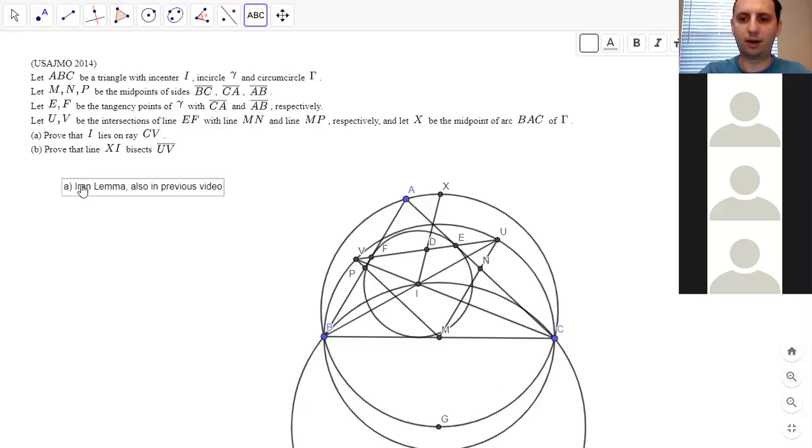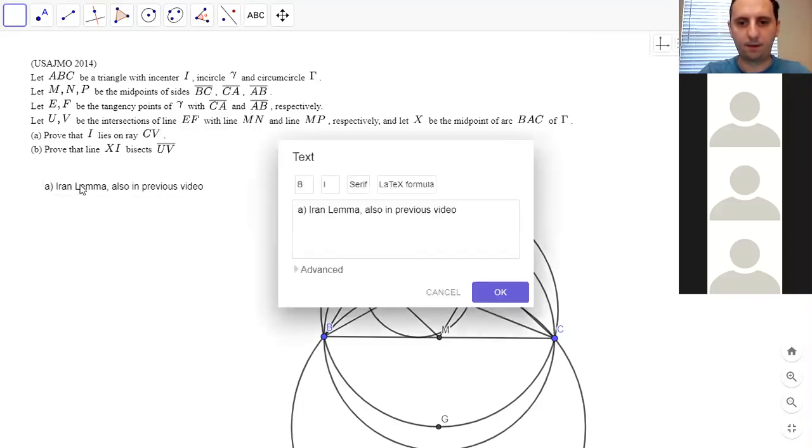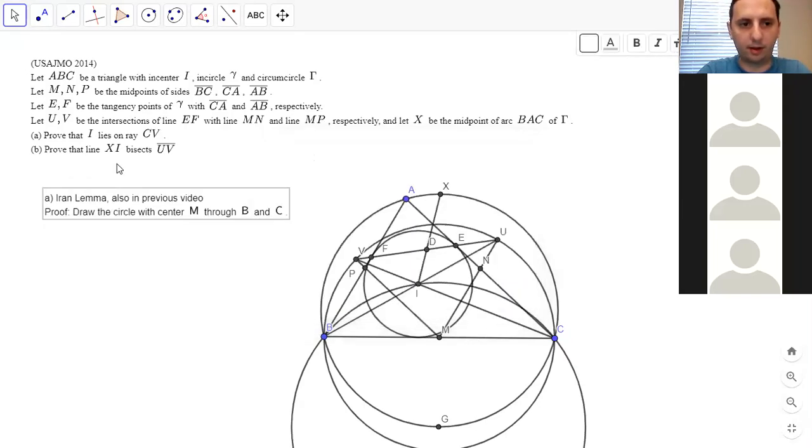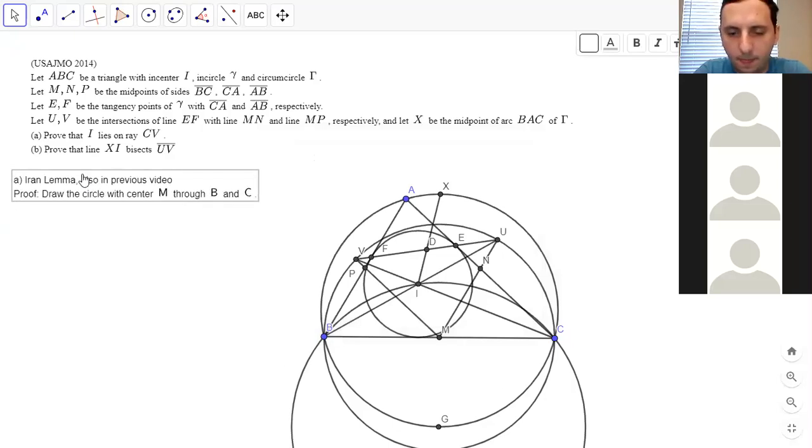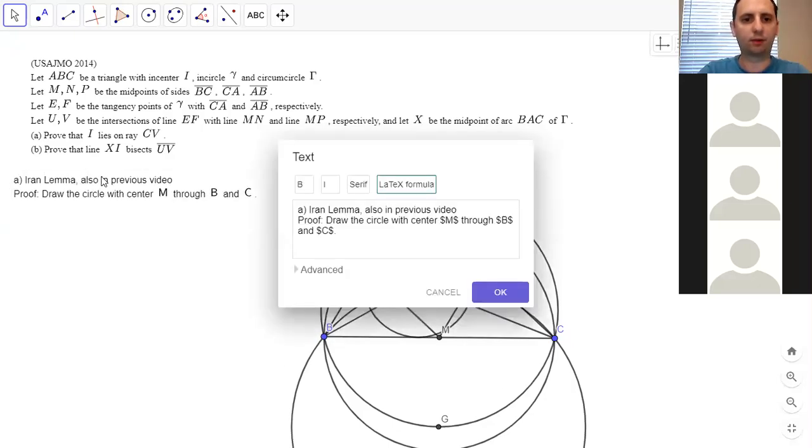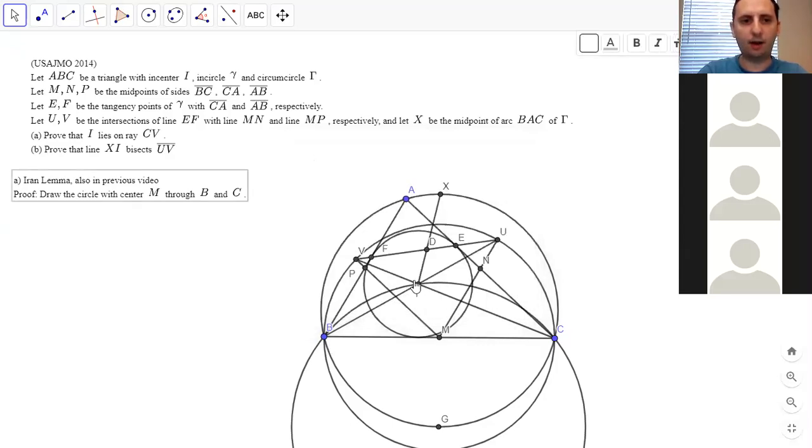So I'll say, draw the circle with center M through B and C. And then let BI intersect the circle at U prime.